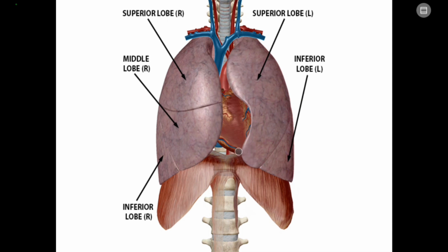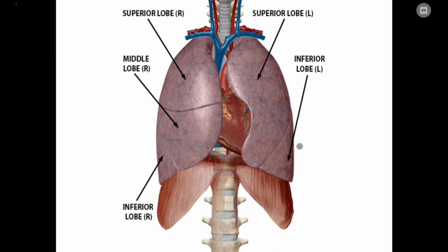Other references talk about the costophrenic angle, because it is between the diaphragm and the ribs. Here, this angle is between the heart and the diaphragm, so they call it the cardiophrenic angle, or costophrenic angle here and costocardiac angle here.